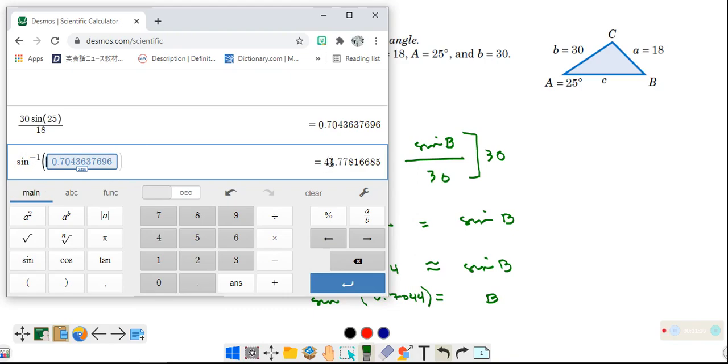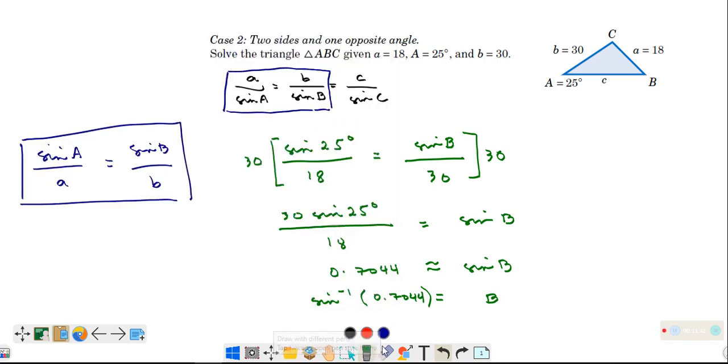Okay, balik tayo. So, ang sagot natin ay 44.78. Okay, so our answer here is approximately equal to B. 44.78 is approximately equal to B. Ayan, may isa na tayong angle.